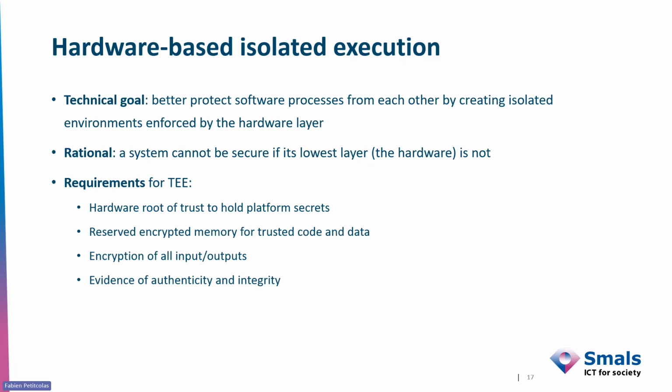And by software processes, I mean here not just a high-level application, but any process from driver to operating system to hypervisor from each other, by creating some isolated environment. And this isolated environment is enforced by the hardware layer. The rationale being that the system cannot be secure if its lowest layer, here the hardware, is not secure itself.